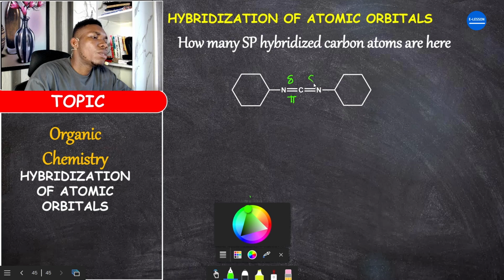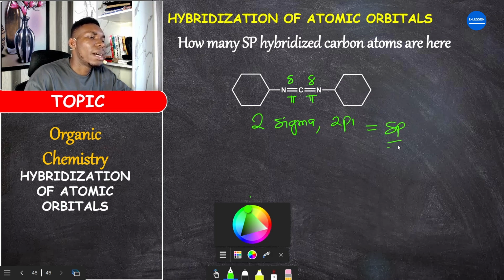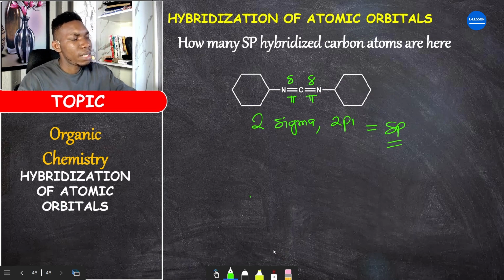So here also you have a sigma bond and a pi bond. And I told you that when you have 2 sigma, 2 pi, what kind of hybridization is that? It's sp hybridization. So that's basically how to look at the various types of hybridization and predict them. My system battery is low. See you in the next one. Bye bye.